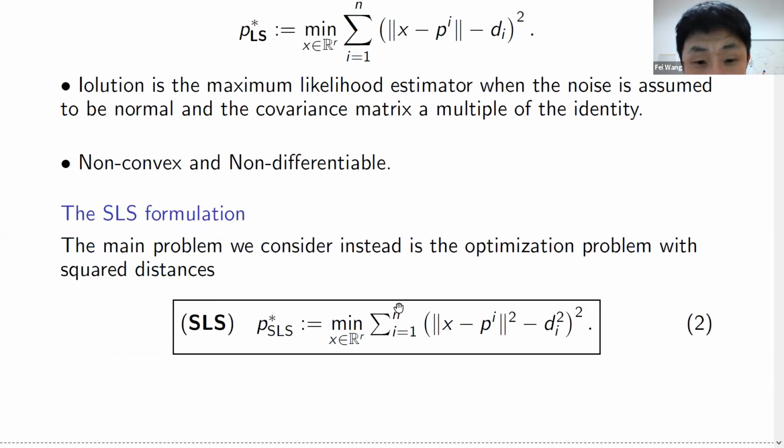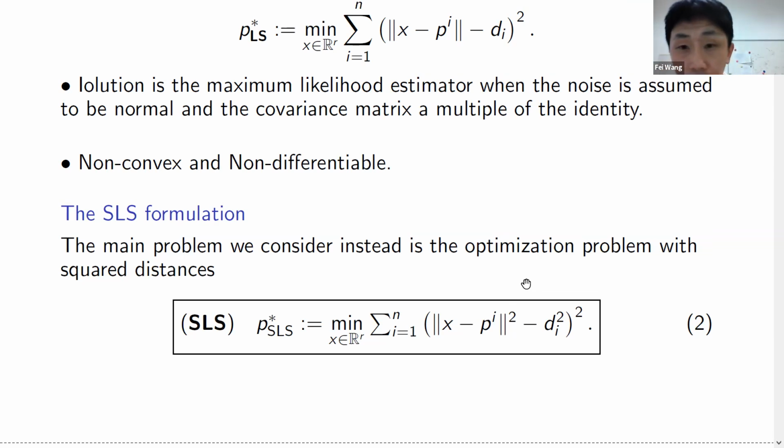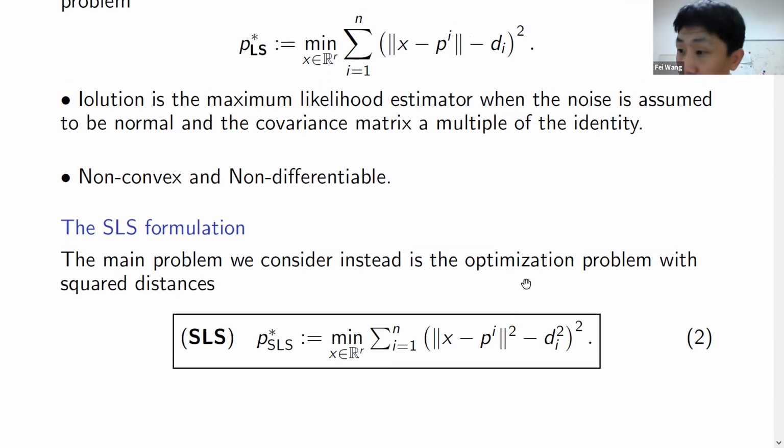So instead, we apply the squared trick. We consider a different problem, SLS, where the distances are squared: the squared distance ||x - p_i||^2 and d_i^2, and then we have the square of the difference of squared distances.